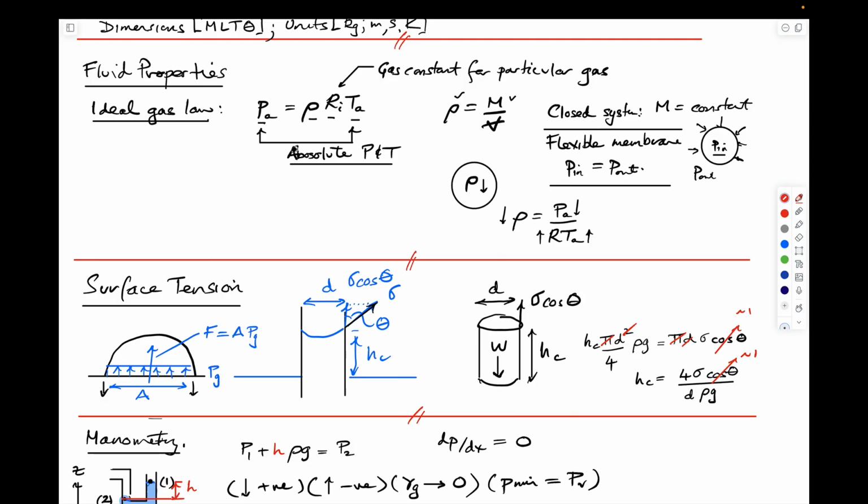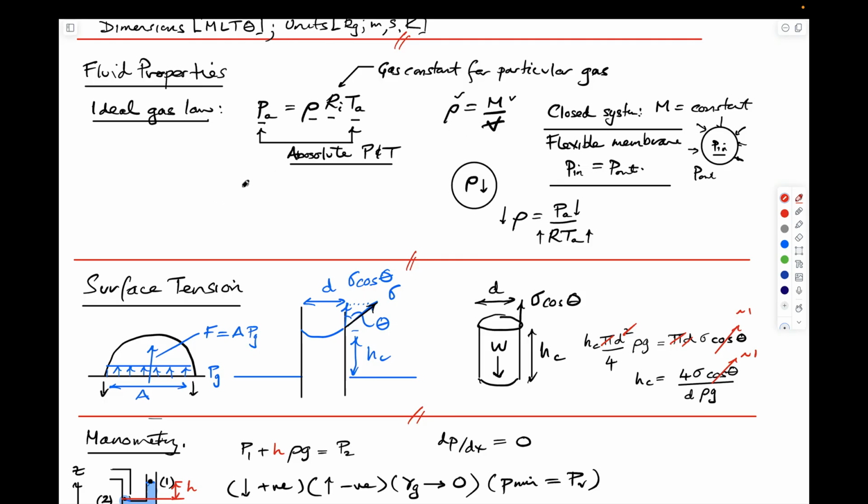Ideal gas law, pressure is equal to density, gas constant, and temperature. Pressures and temperatures have to be in absolute pressures and absolute temperatures. This is a gas constant that changes with the gas that you're talking about, and this is the individual density. Density is defined in terms of mass divided by the volume over which it applies.